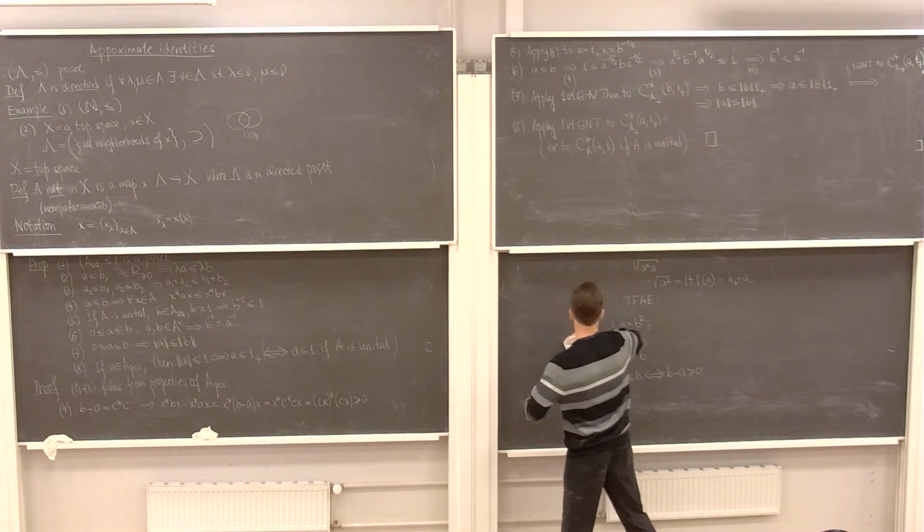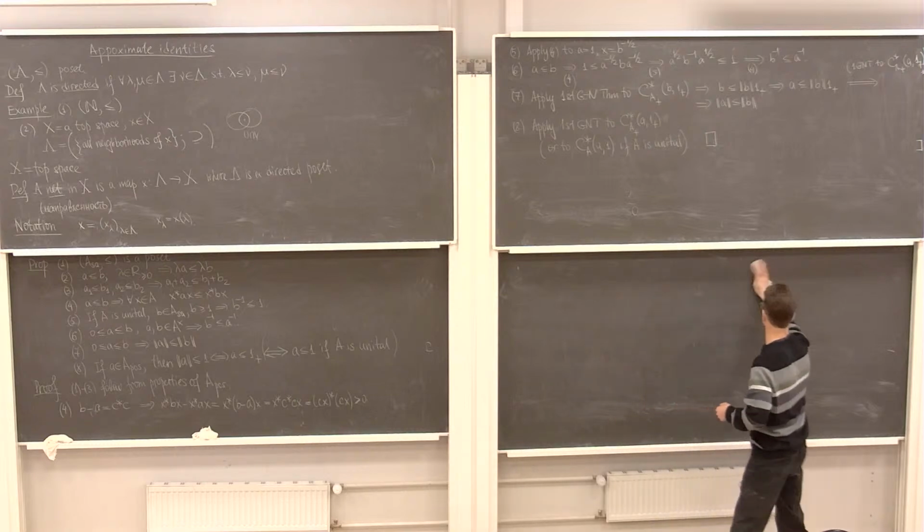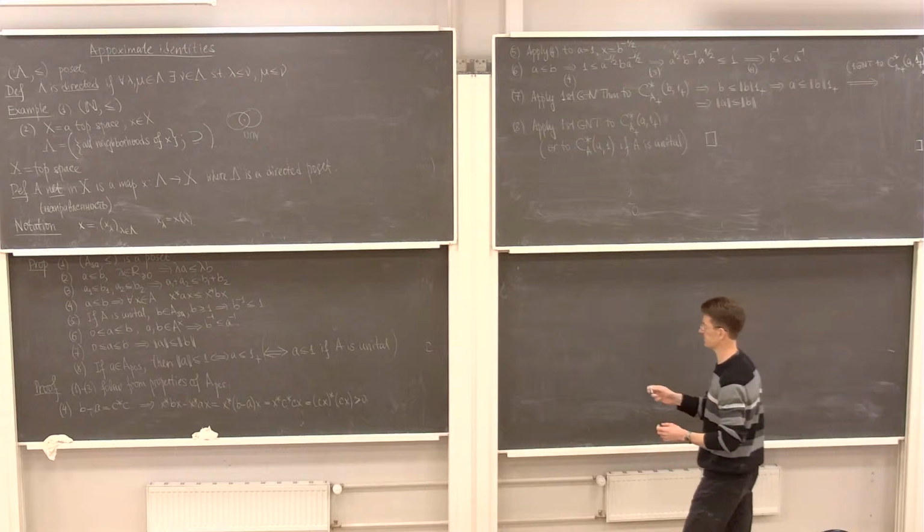Given any net in a topological space, we may define the notion of convergence in exactly the same way as the notion of convergence for sequences.